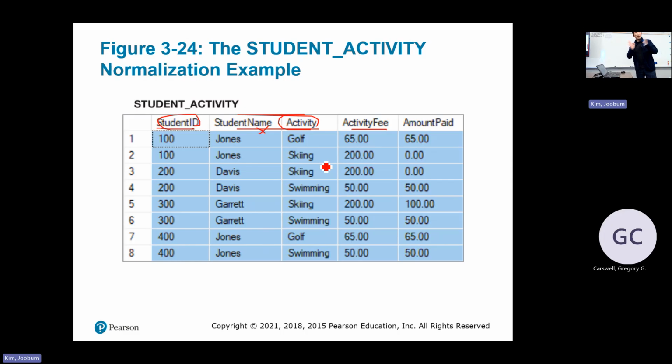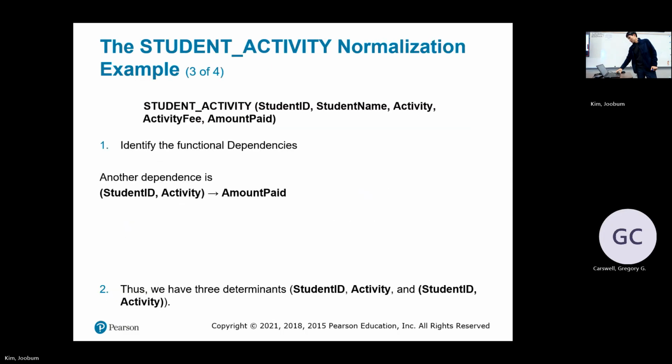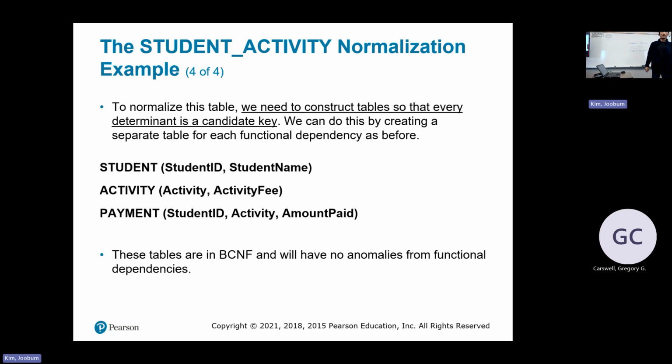Normalization means split. We can split into 3 relations: a student relation table, an activity table, and then we can name it, for example, a payment table.